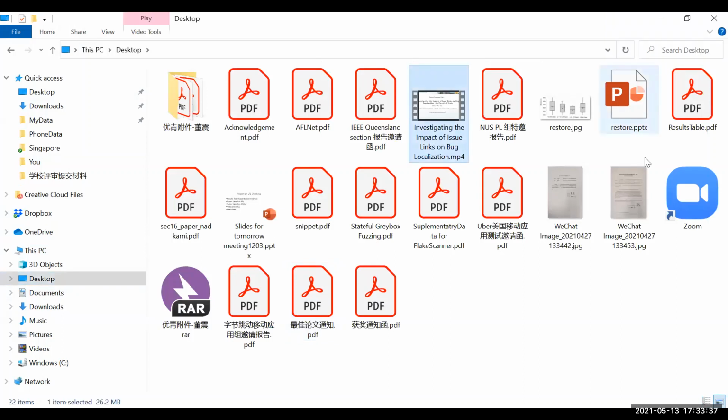Yes, I can see your screen now, but you only share the video, do not share the Explorer.